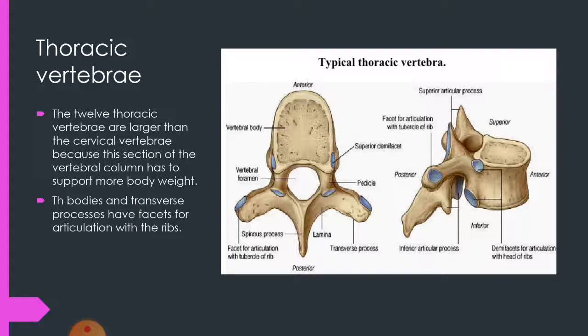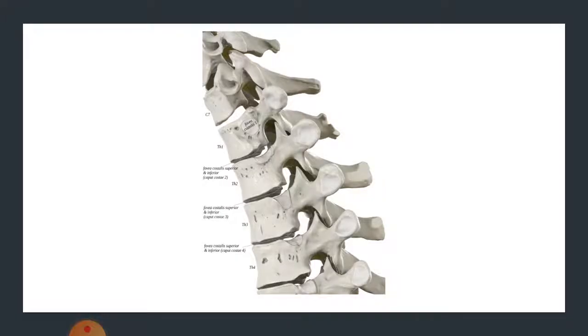Just like the other typical vertebrae, it has a body, transverse processes, pedicle, lamina, and spinous process. The only difference is the facets for articulation with the tubercle of the ribs. This is the lateral view showing the thoracic spine.